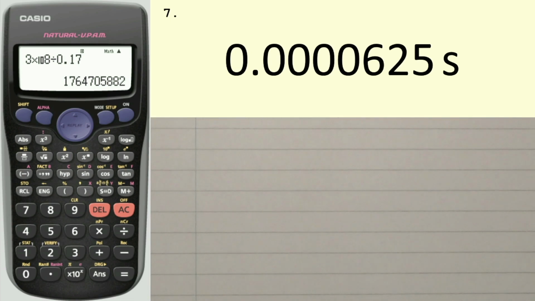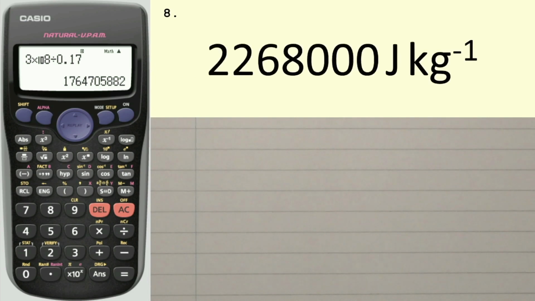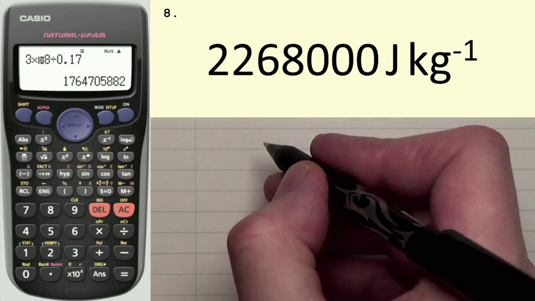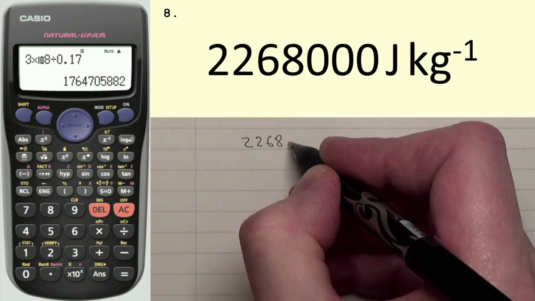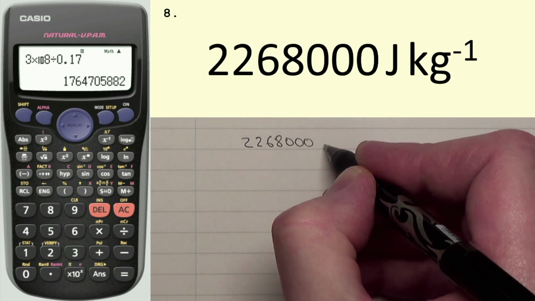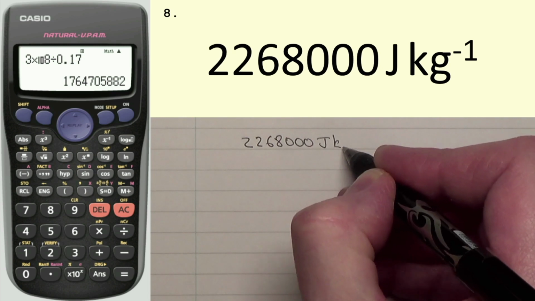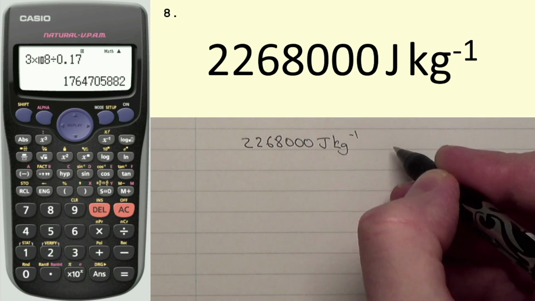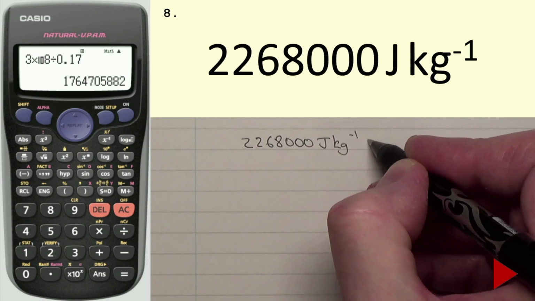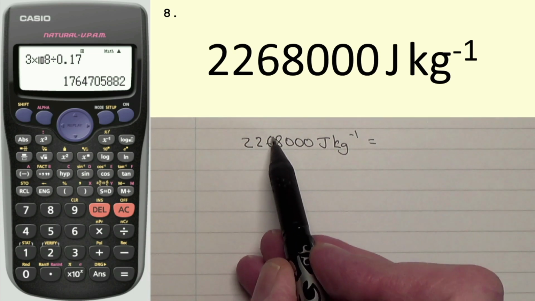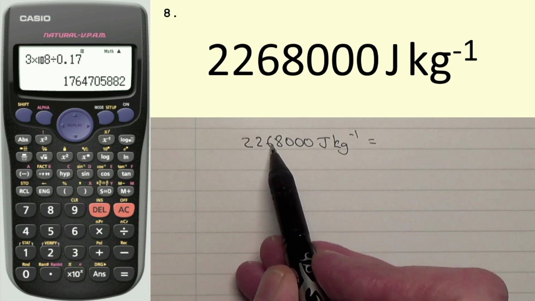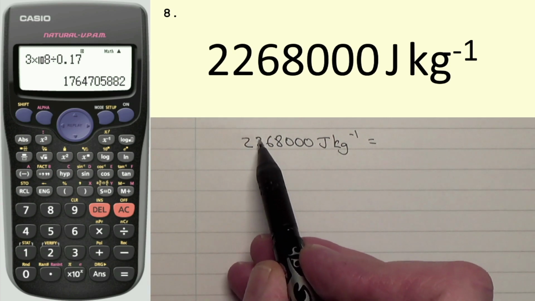Next up is number 8. Right, that's a big number there. So 2,268,000 joules per kilogram. That can be written as, looking at the first three figures, the third one is a 6, so obviously it's 5 or greater, so I need to round this up to 3.